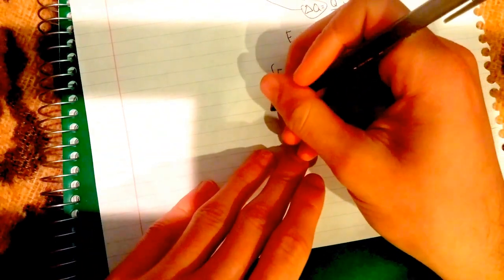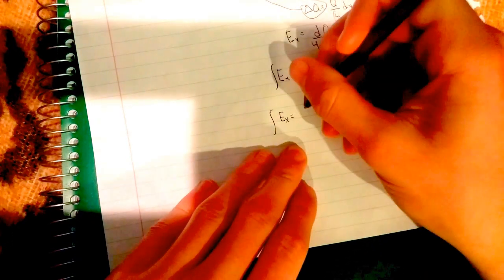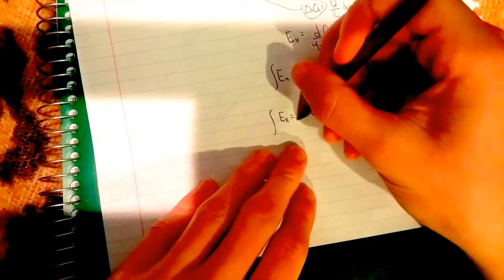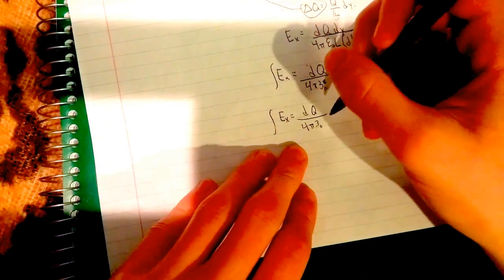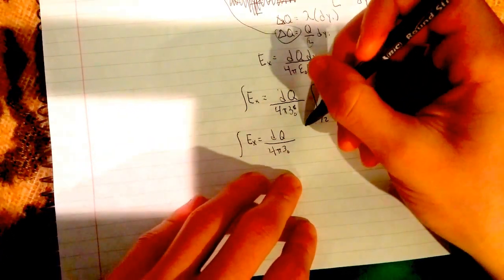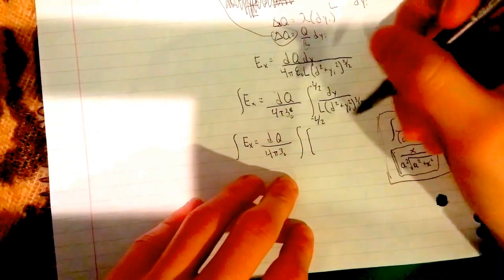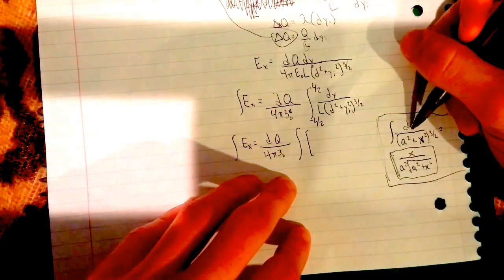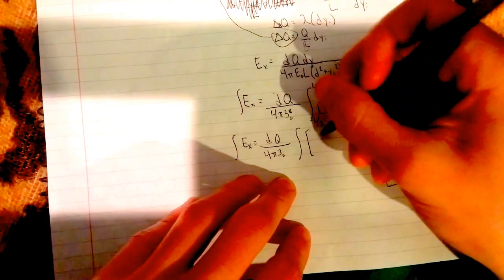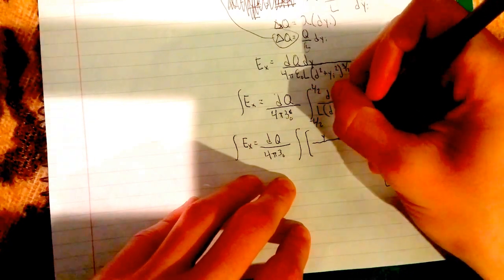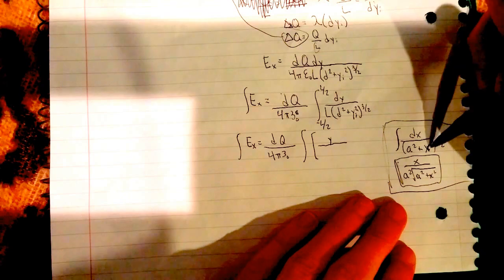So afterwards, we got Ex equals dq over 4 pi epsilon naught, and then here we have dy over (a squared plus x squared) to the 3/2.